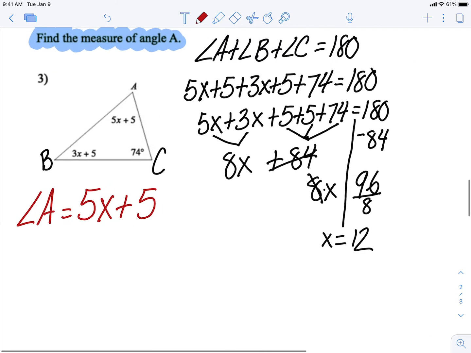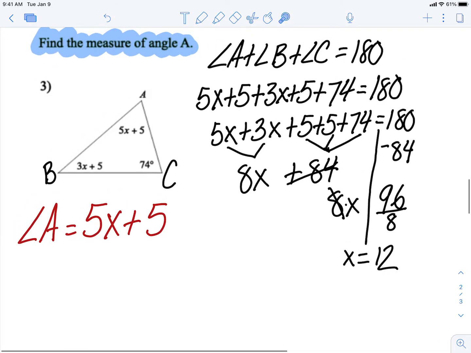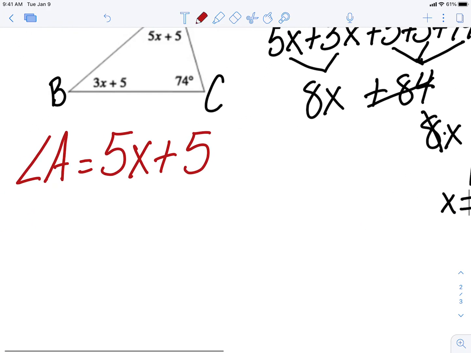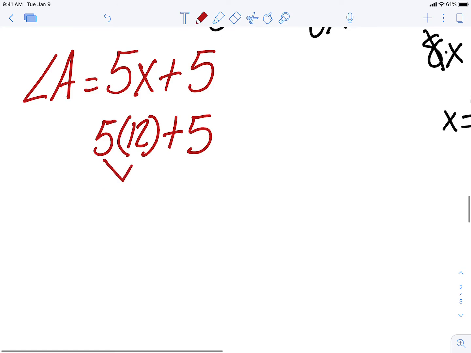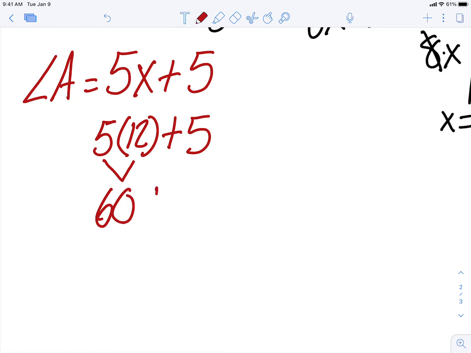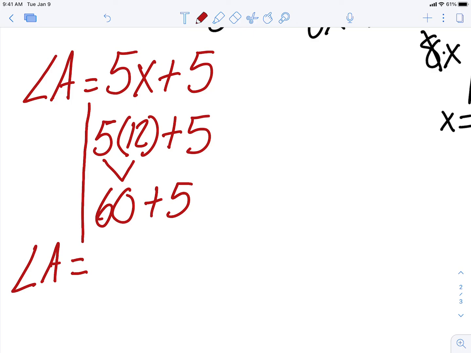But I know what x is. I solved for x. X is 12. So I can take out x and put in parentheses 12, just like this. And now I multiply. 5 times 12 is 60. And then I bring down my 5. And I get angle A is equal to 60 plus 5 is 65.